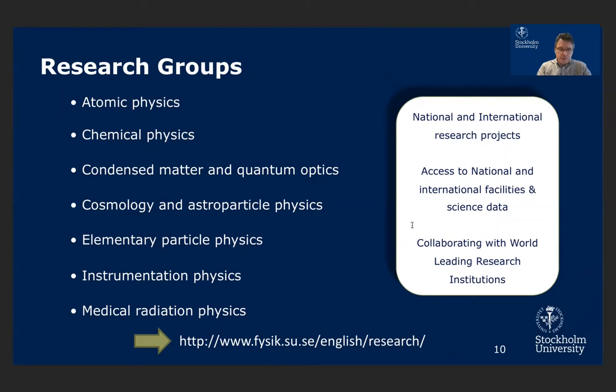So for you, as a master student doing your master thesis project, you will be able to join one of these national or international projects and use the data for your master thesis. Finally, one thing I particularly appreciate is that in all these areas, we are collaborating with other world-leading research institutions, which make it a very intense and live working environment.